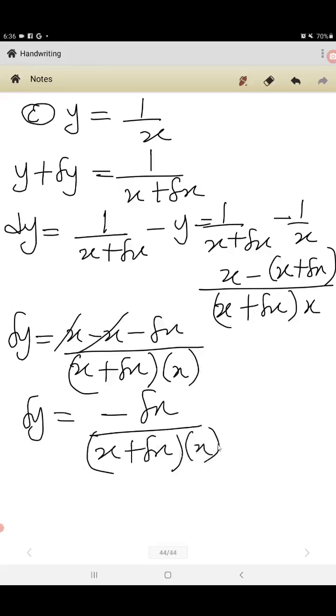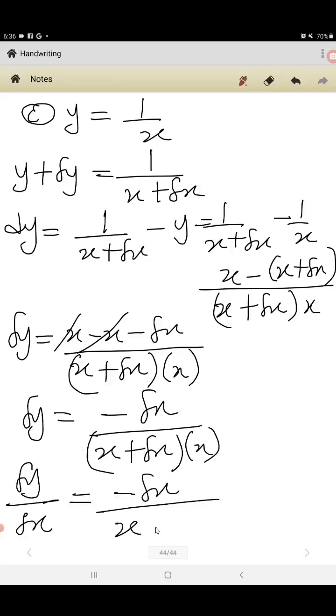So therefore, what we now need is change in y over change in x, which is minus change in x all over x plus change in x onto x, divided by change in x. So how do you write this?